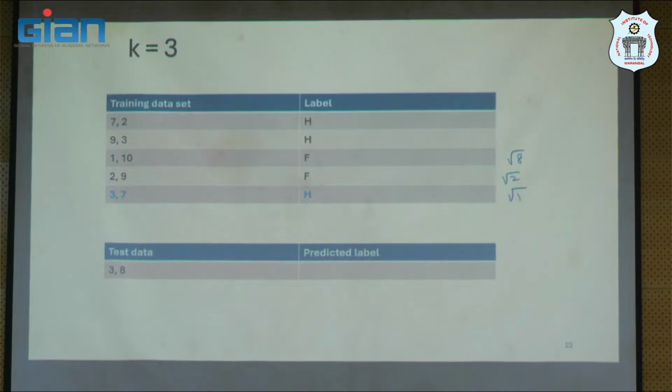Am I correct? So if you ask the 3 closest to the test point, 2 will be saying faulty, 1 will be saying healthy. So what will you have to do? You have to vote. Voting is very important. You have to vote as well. In general, I am saying. Okay.